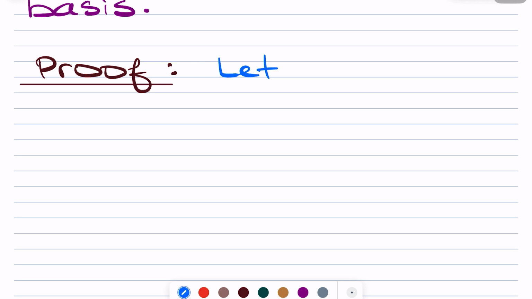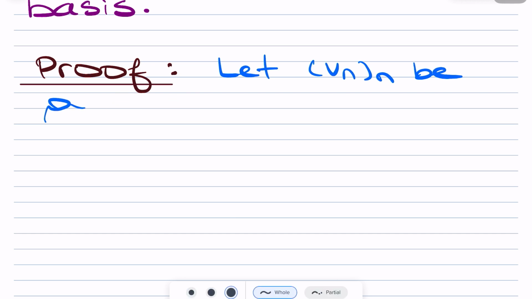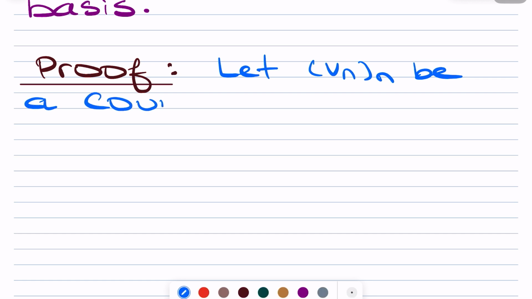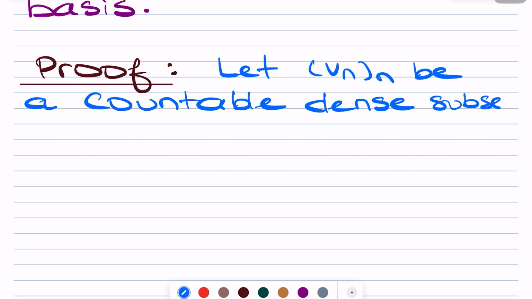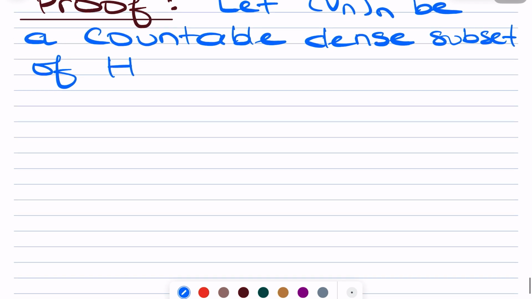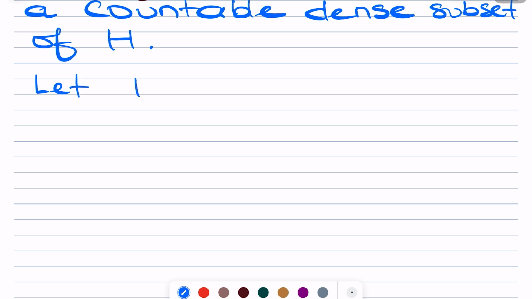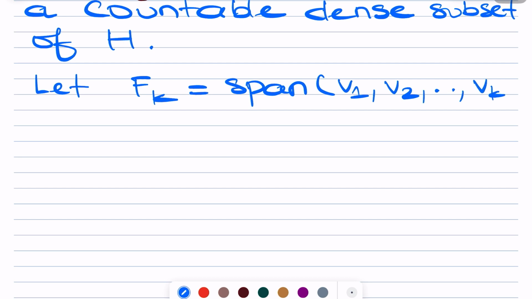Let v_n be a countable dense subset of our Hilbert space H. Now we define F_k to be the span of v_1, v_2 up to v_k.